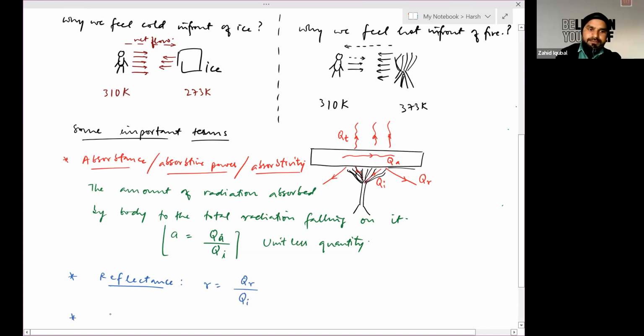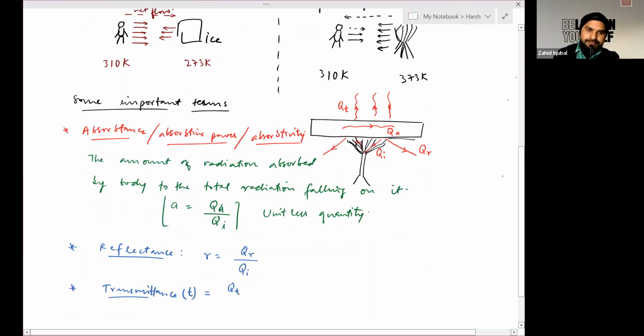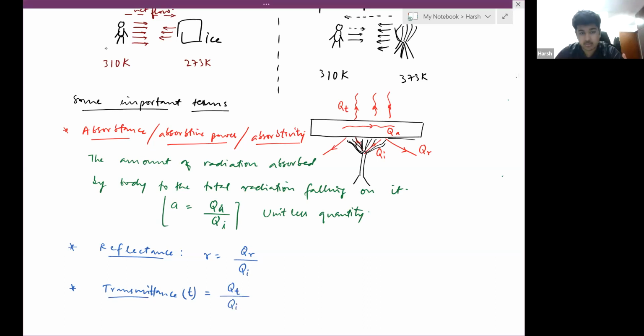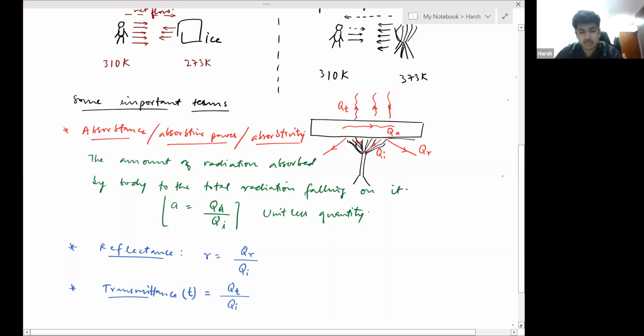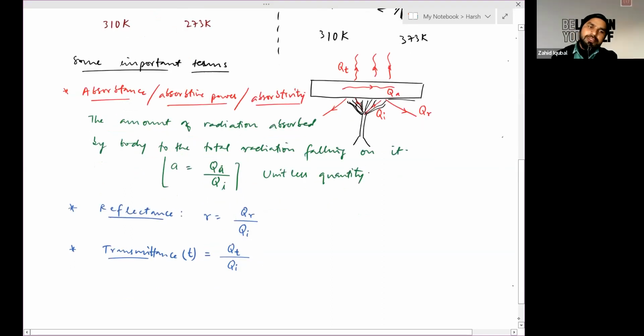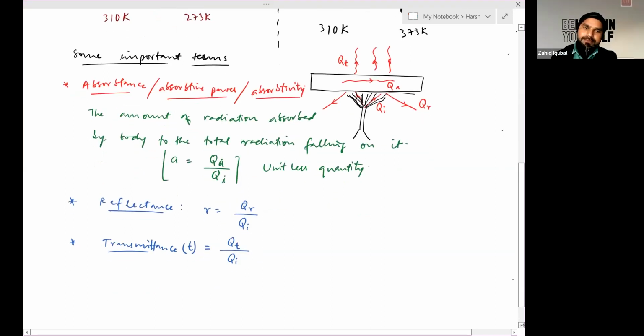And third, transmittance: the amount of radiation transmitted to the total amount of radiation incident on it. So we have three different parts: absorptance, reflectance, and transmittance.